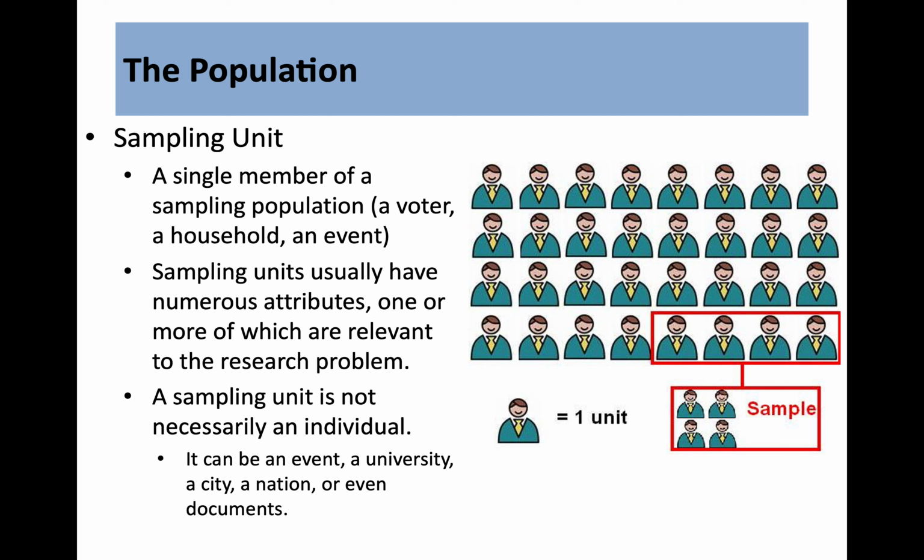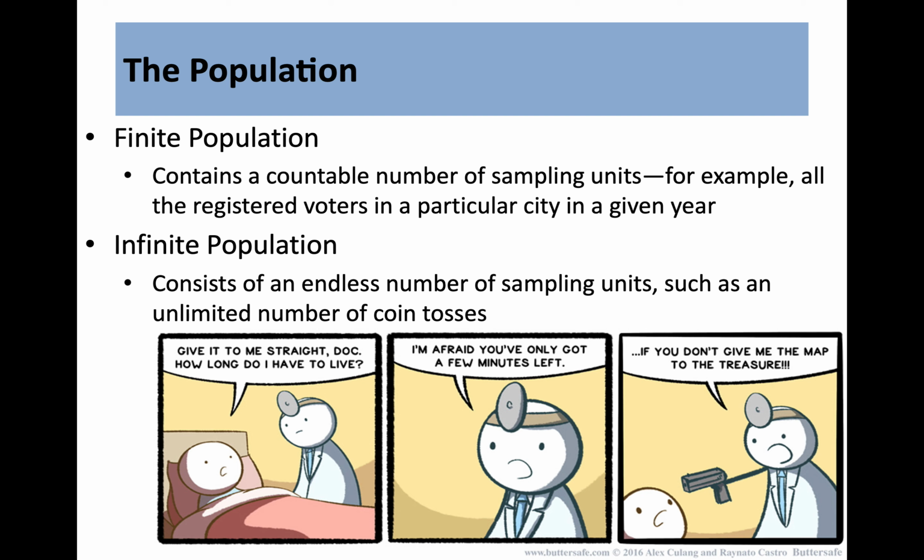Sampling unit: a single member of a sampling population, a voter, household, or event. Sampling units usually have numerous attributes, one or more of which are relevant to the research problem. A sampling unit is not necessarily an individual. It can be an event, a university, a city, a nation, or even documents.